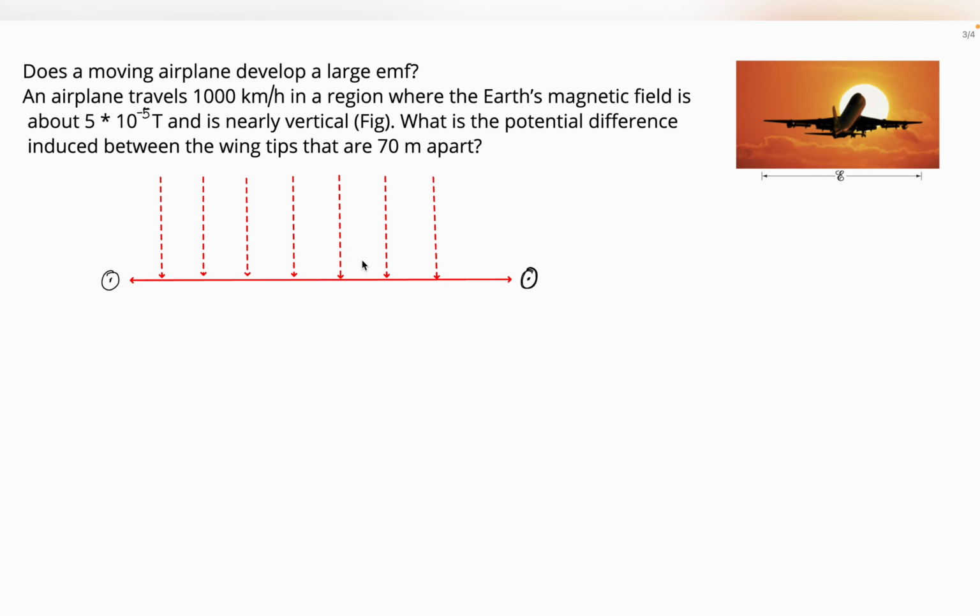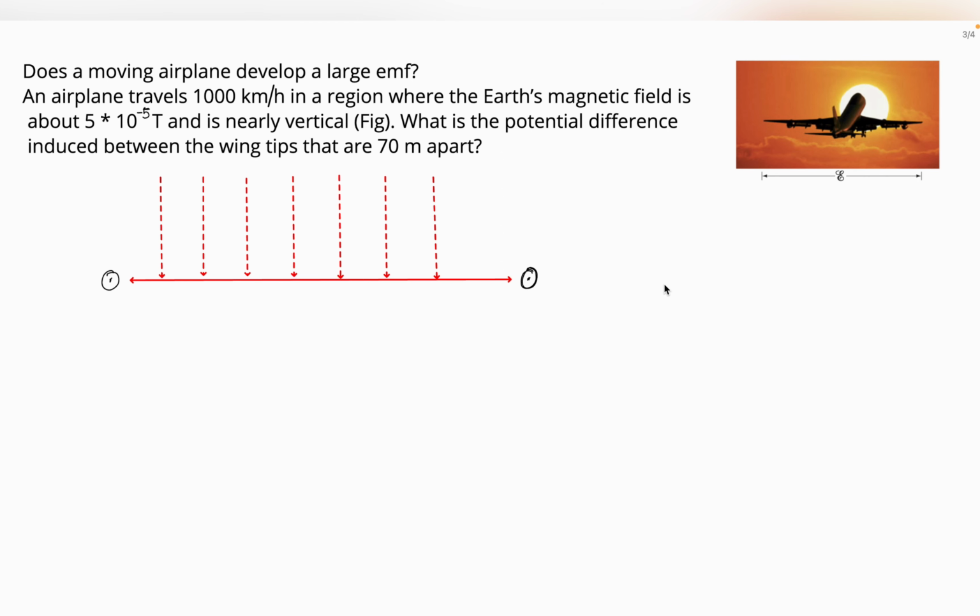So because both the wings' motion and the magnetic field are perpendicular, there will be an induced EMF. There will be some force on the electrons in the conducting material, right? So we'll try to see what is the direction of the force on this moving one.